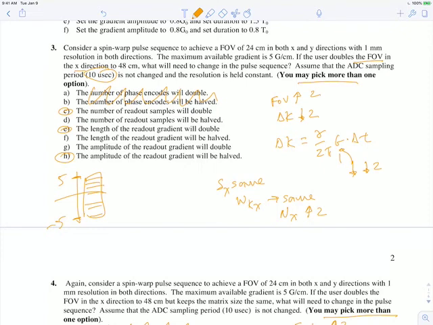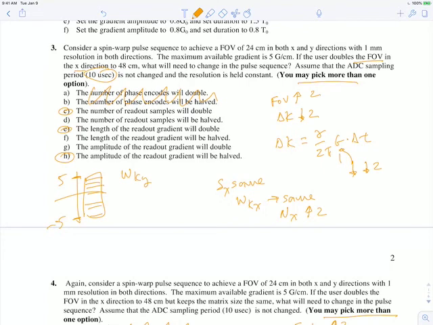In this case, I'm constrained to the maximum gradient, whereas I might say, okay, now you're not constrained by that maximum gradient, and I might ask you what's the maximum amplitude of the phase encode, right?